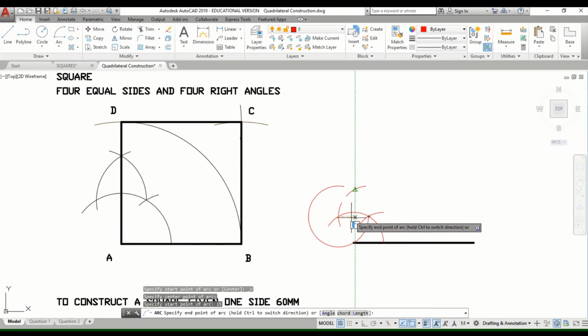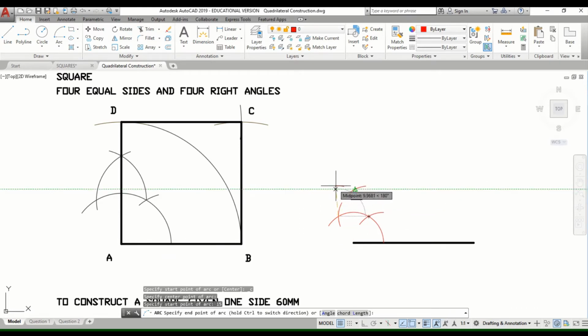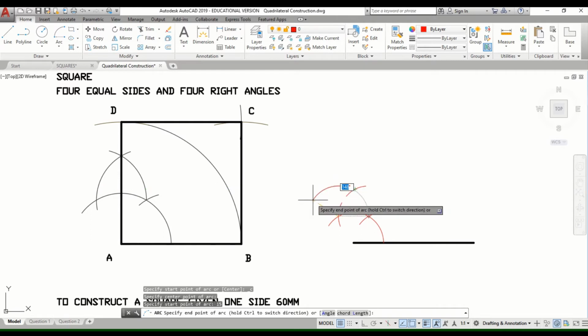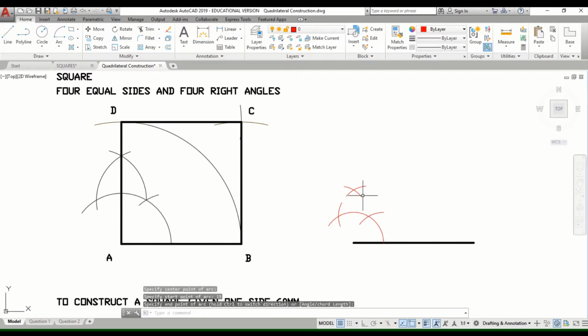Now, if this situation is happening, it means that we chose the incorrect point, because it draws the arc in an anti-clockwise direction, and to change that, we just press and hold the control key, and that allows us to draw in a clockwise direction. And there we have our 90 degrees being constructed.